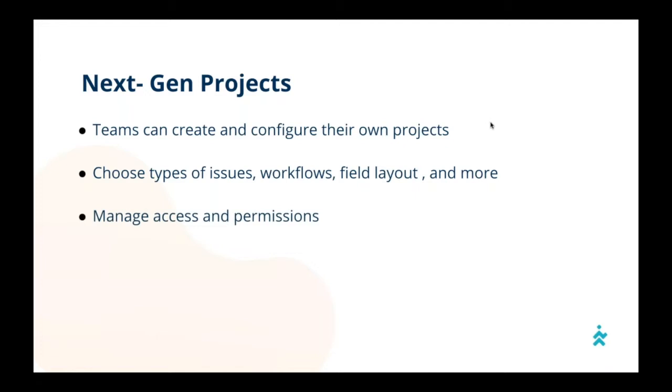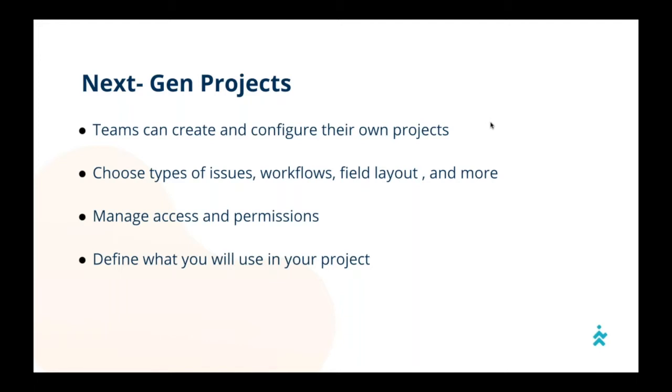You can manage the access and permissions as well, so you can provide access to your project as usual. You can define what you use in your project. So this is, I believe, from my perspective, the most important feature for a next-gen project, because it's one project, and inside of this project, you can select if you want a Kanban, a backlog, if you want to use the sprints, if you want additional reports, and if you want to use the roadmap version.